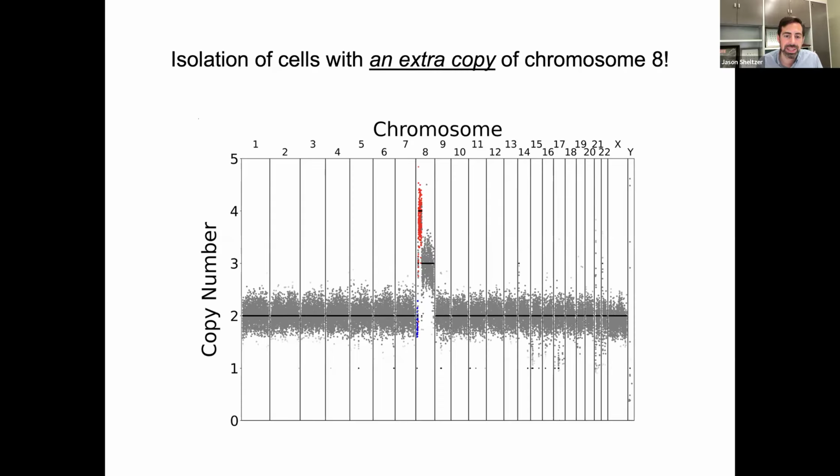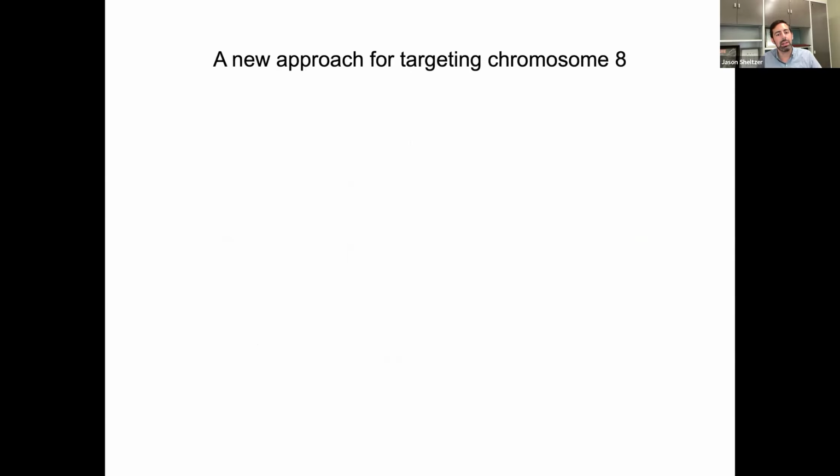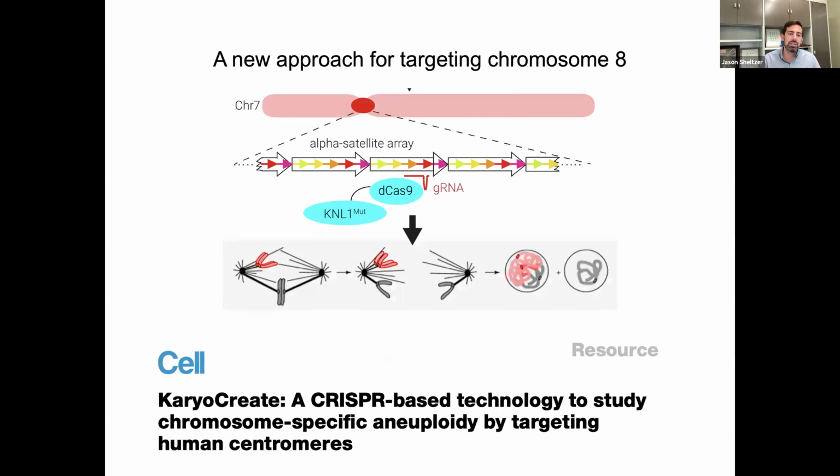So we started working with these cells, and we applied a new approach developed by our collaborators at New York University, Teresa Davoli's lab, for targeting chromosome 8. This new approach was published in parallel to the work that we were doing. The Davoli lab at NYU developed an approach called KaryoCreate, where they use CRISPR-based technology to induce chromosome-specific missegregation.